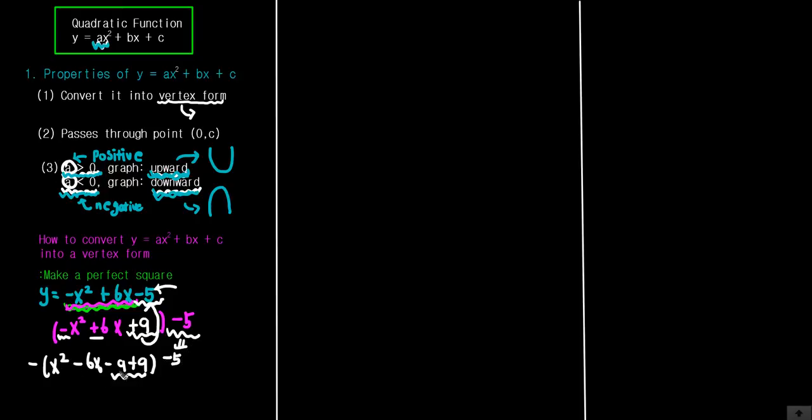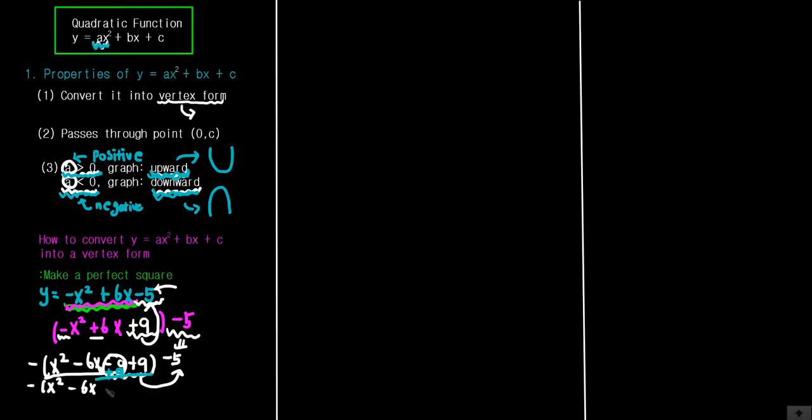At first we can bring our 9 to the outside because we don't really care about it. We get negative x squared, and the only thing we need to care about is x squared minus 6x minus 9. Let's first remove this negative 9. In order to remove the negative 9, all we have to do is add positive 9.